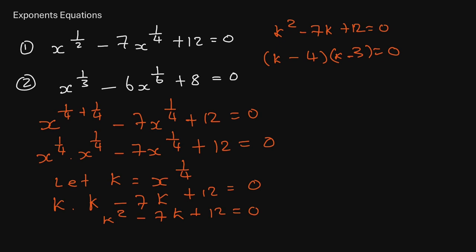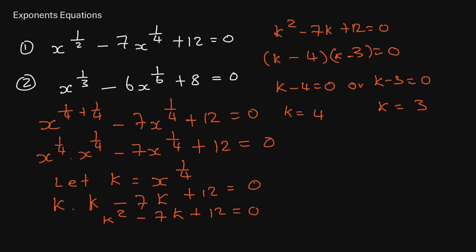So now after factorizing, we are just solving for k, but we know that we are solving for x. But first we need to get what k is. So we are going to apply the zero factor law. So this will mean k minus 4 is equal to 0, or k minus 3 is equal to 0. So when we solve here, k is equal to 4, or now k is equal to 3.